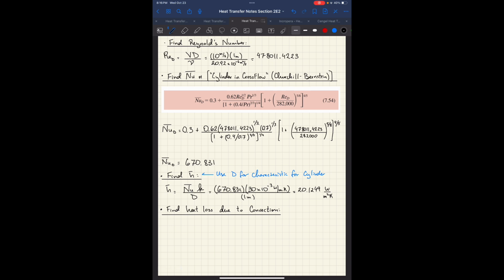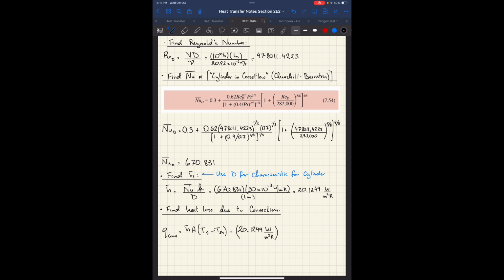Heat loss due to convection. Now we just use Newton's law of cooling. Pretty straightforward. So h, we just calculated it. Your area would be the surface area of the cylinder.